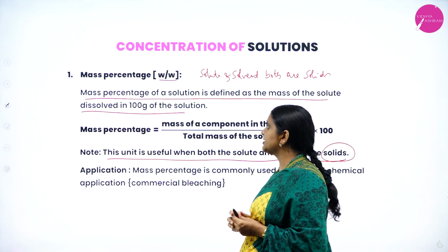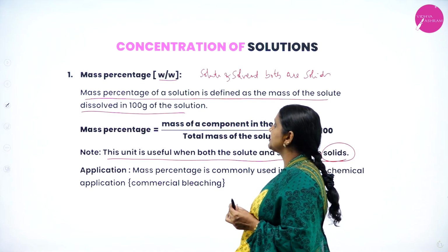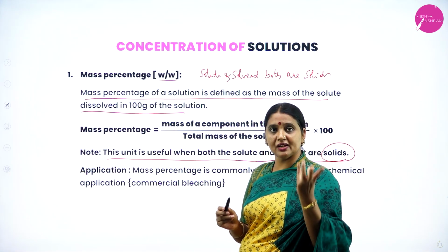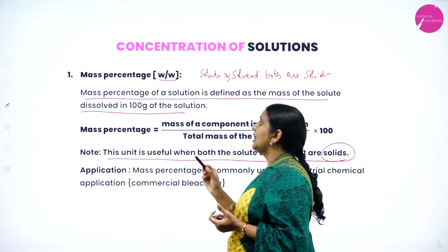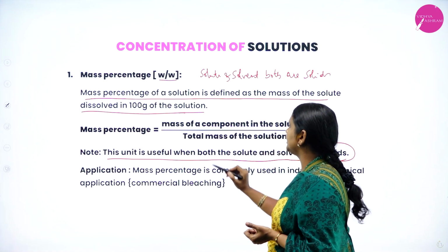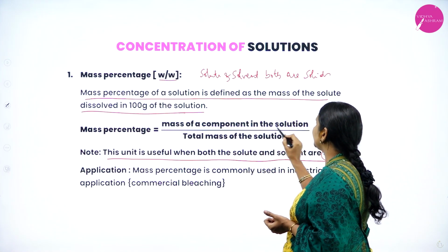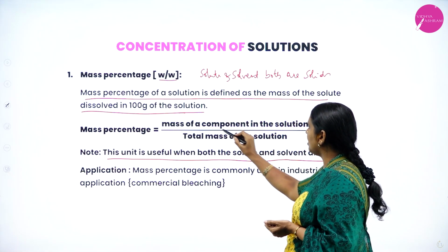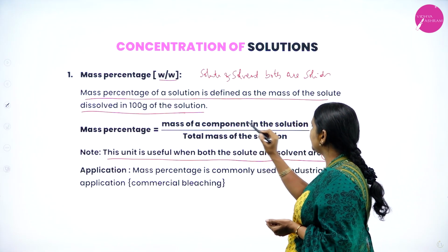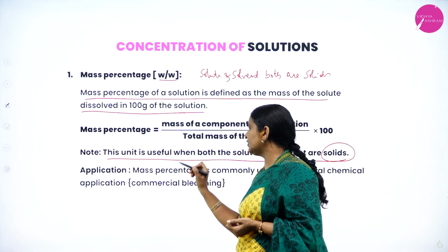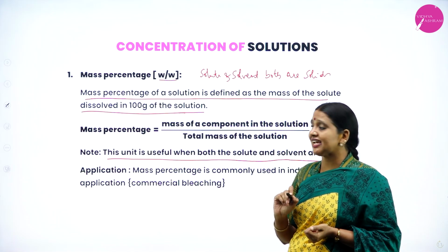Therefore, what is mass percentage of a solution? It is the mass of the solute dissolved in 100 gram of the solution. What's the formula for mass percentage? Mass of a component in the solution divided by total mass of the solution, into 100. So, when is it useful? When both solute and solvent are solids.